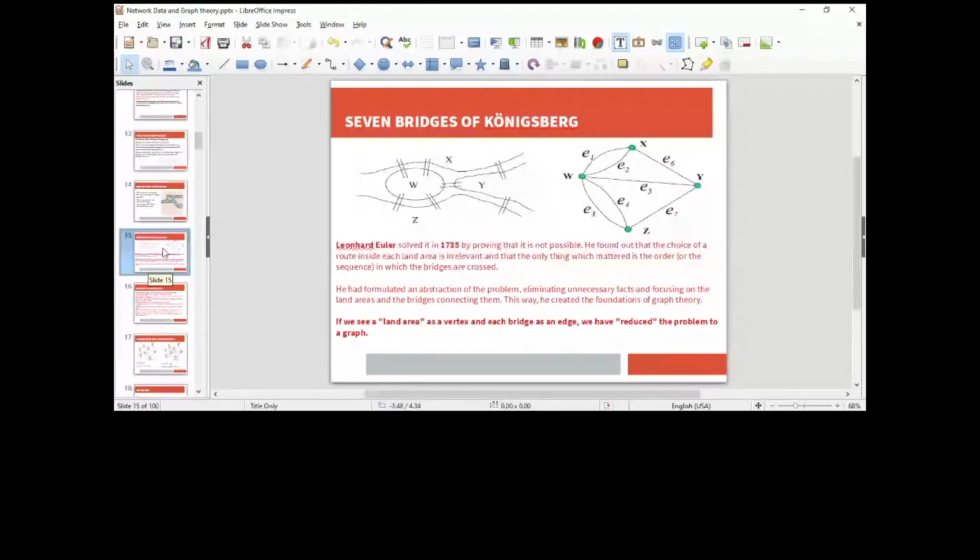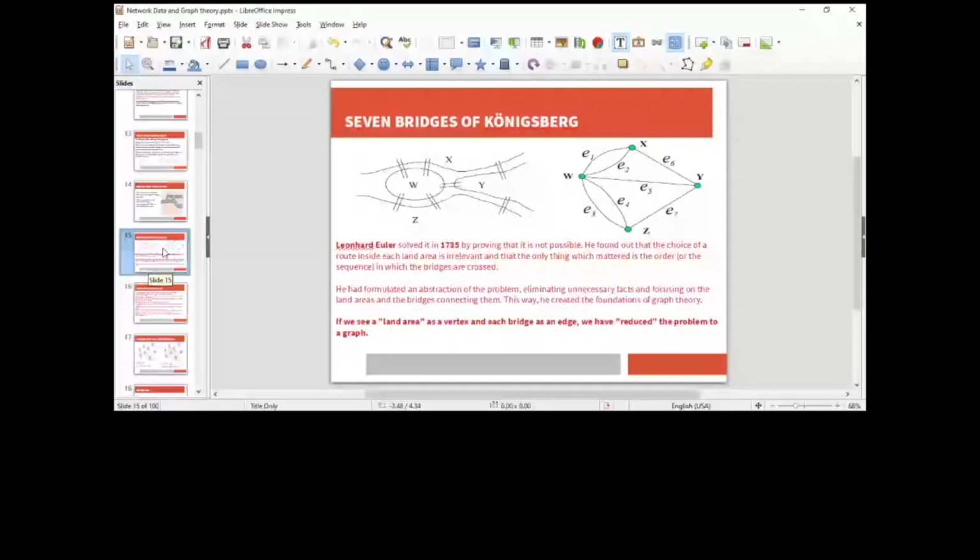Leonhard Euler solved it in 1735 by proving that it is not possible. He found out that the choice of a route within each land area is irrelevant, and that the only thing which mattered is the sequence in which the bridges are crossed.